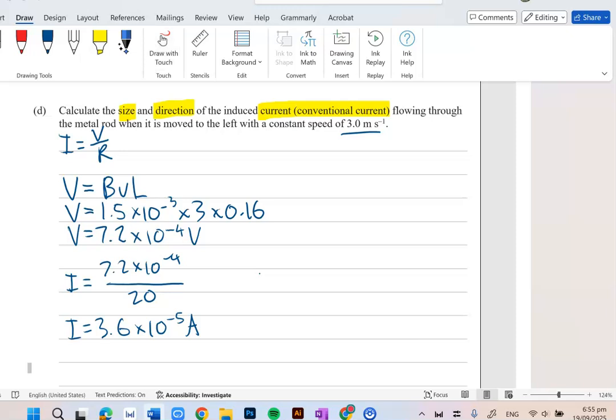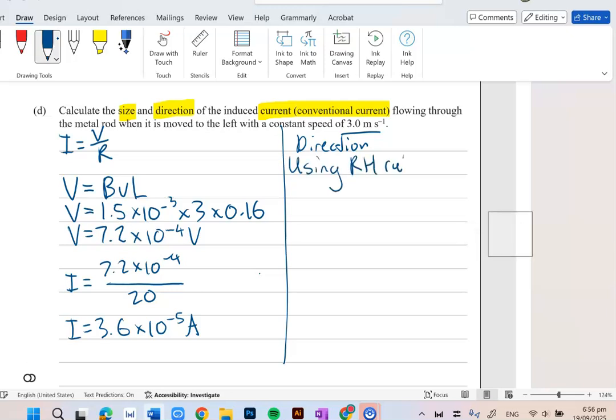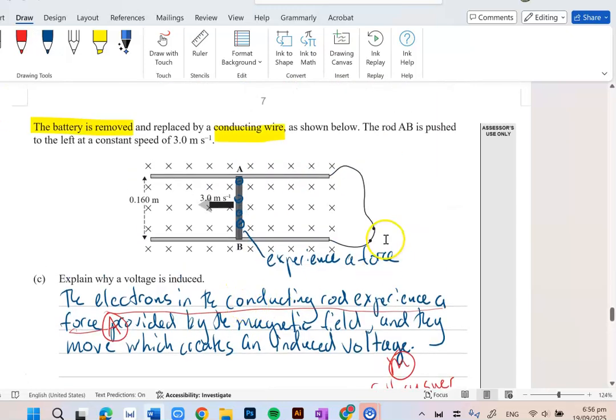So, anytime they ask you for direction, you always got to use the right hand rule. You won't really use anything else. So, I'll just do a line, direction. So using RH rule. So if we go back up here, the magnetic field is still into the page, right?